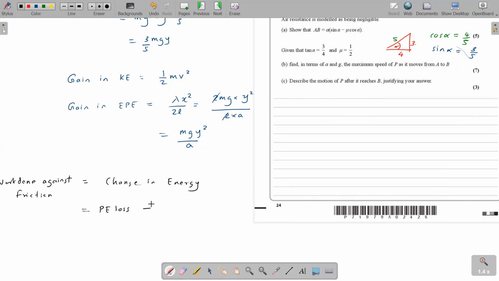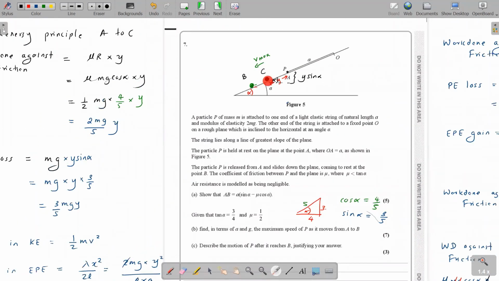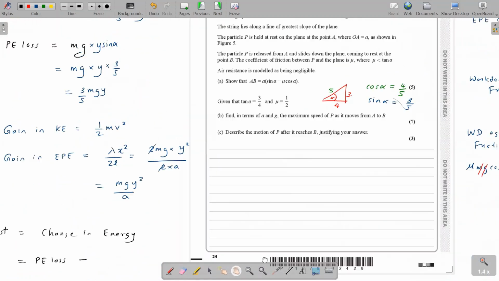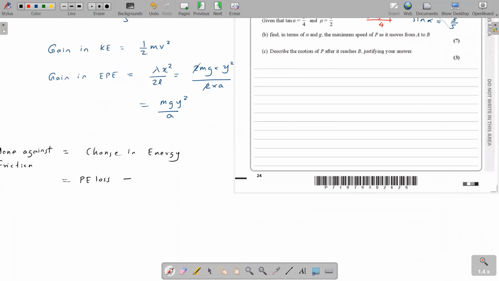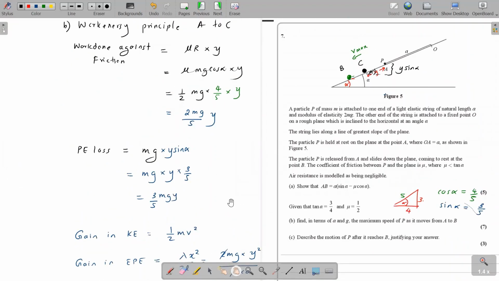Then at C, what do we have? Initial energy minus the final energy. At the final stage, you have a gain in kinetic energy and a gain in elastic potential energy. So from the initial energy, you have to subtract the final energies: the gain in kinetic energy, half mv square, and also mgy square over a. Work done against friction was, the simplified answer, 2 mgy over 5.